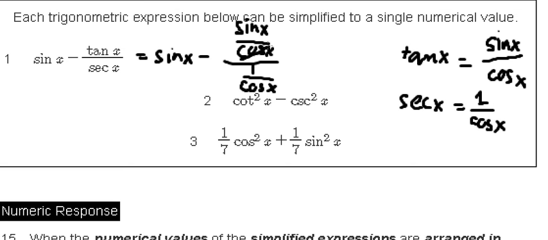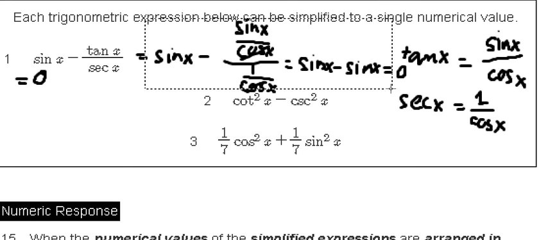We can see that cosine x can simplify, and now we have only sine x minus sine x, and this one you got 0, so number 1 equals 0.